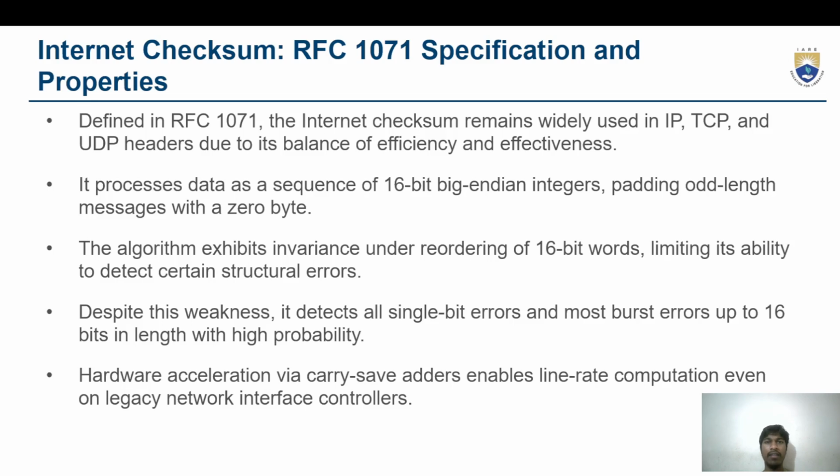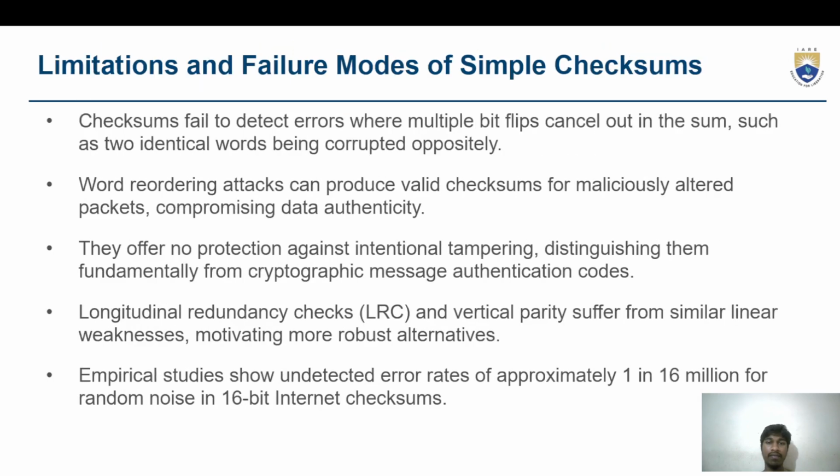The algorithm is invariant under reordering of 16-bit words, limiting its ability to detect certain structural errors. Despite this weakness, it detects all single-bit errors and most burst errors up to 16 bits in length with high probability. Hardware acceleration via carry-save adders enables line-rate computation even on legacy network interface controllers.